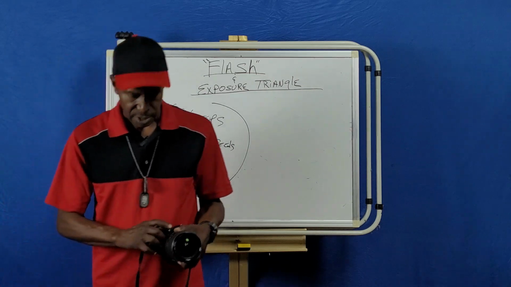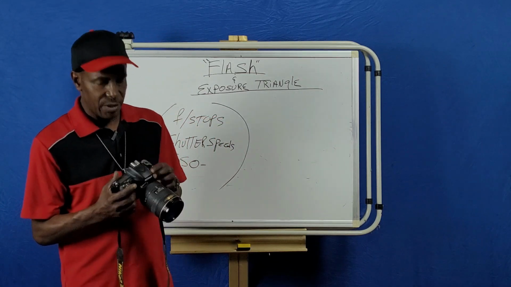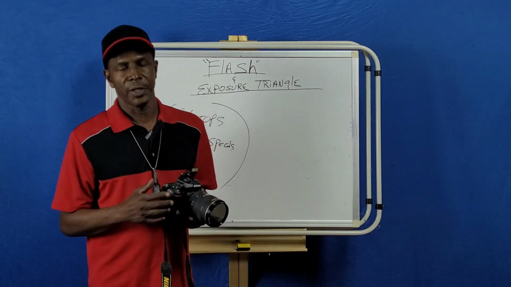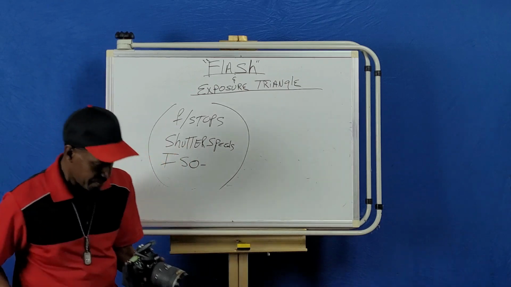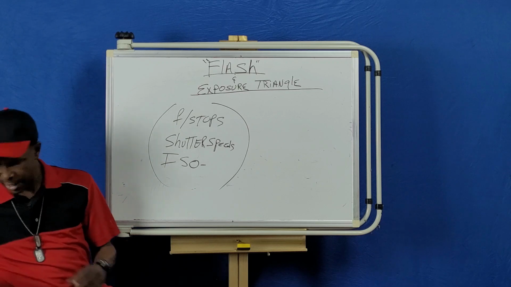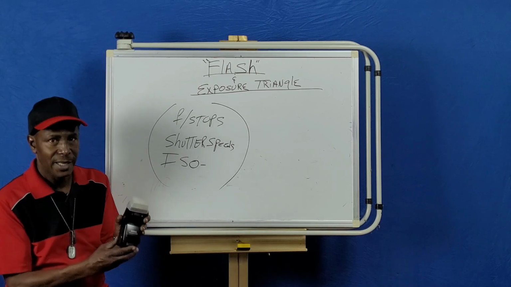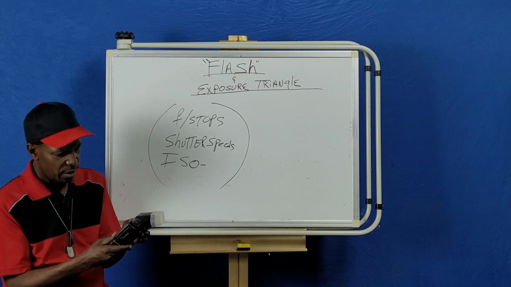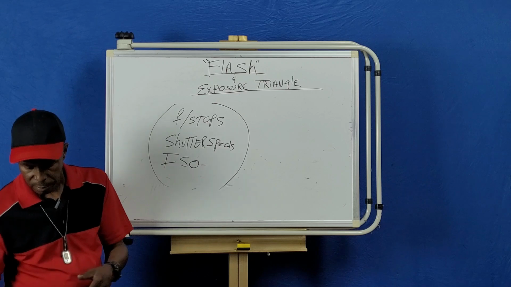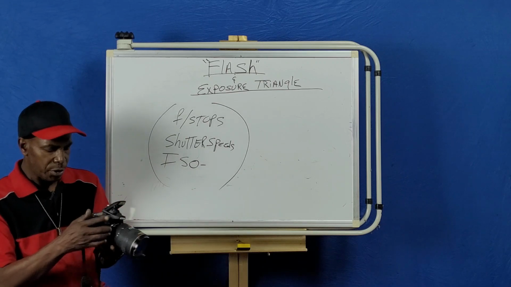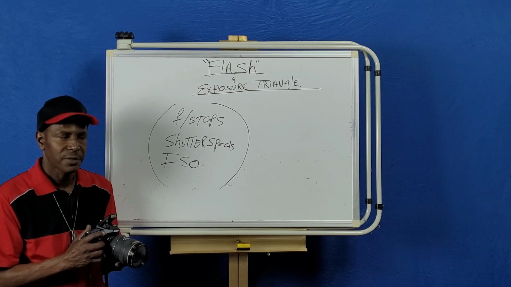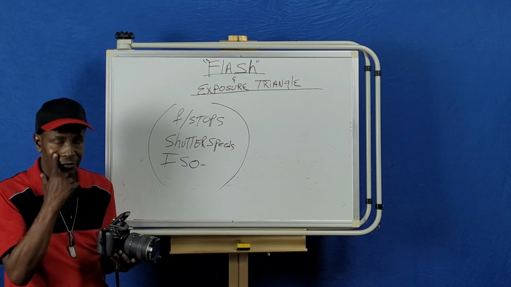People ask, why do I need a flash when I have a built-in flash on my camera? Well, one of the reasons you want an external flash, and here's an external flash, my go-to SB800, is that the pop-up flash in your camera is only good for about 5 to 7 feet.